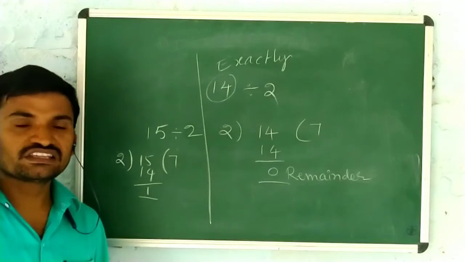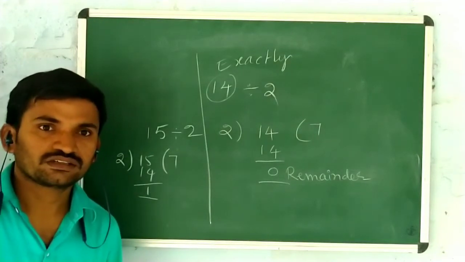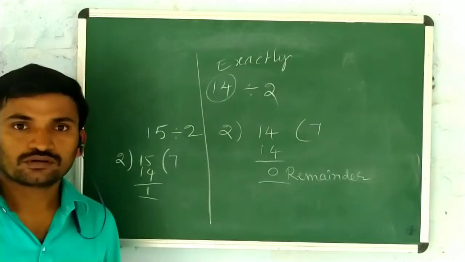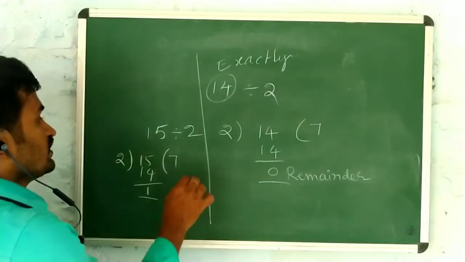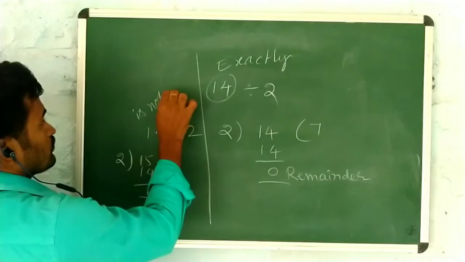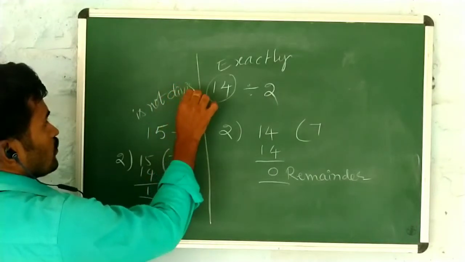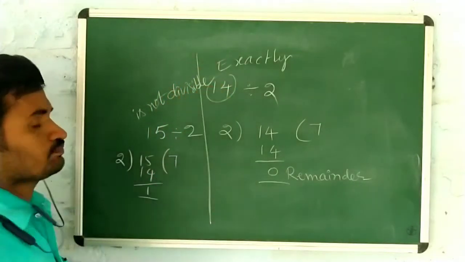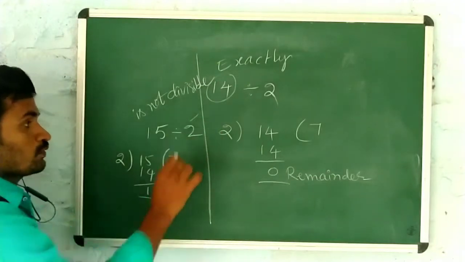If you get any remainder other than 0, then we can say 15 is not divisible by 2.